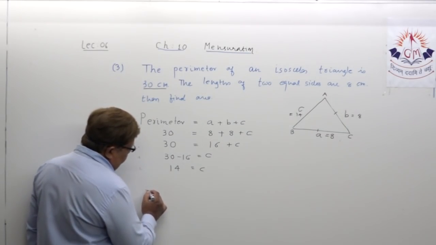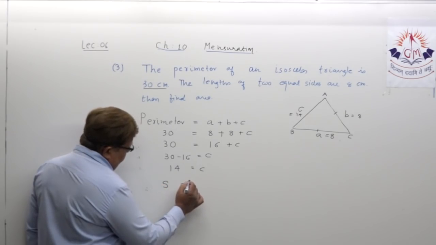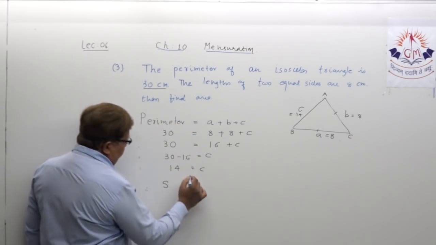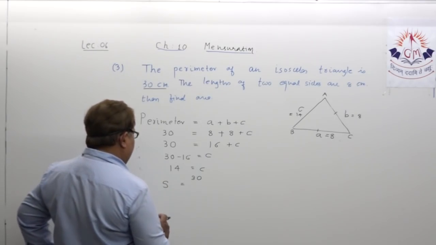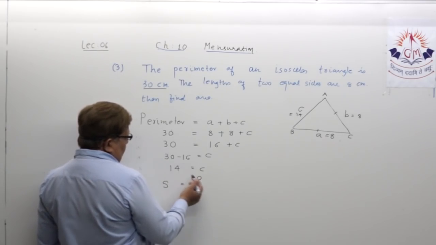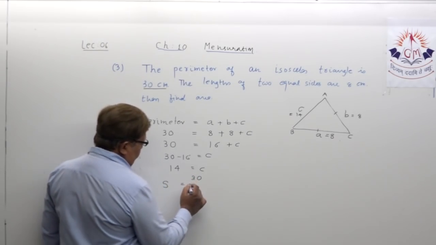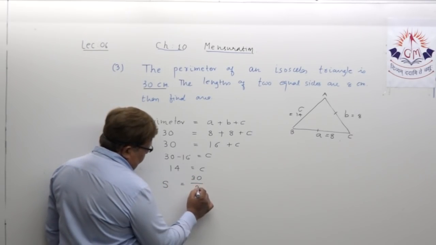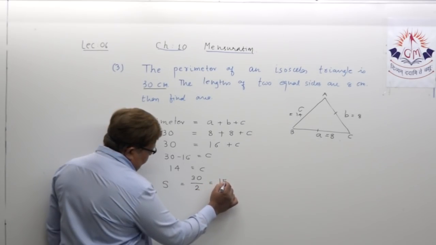So just make the half of it. So semi-perimeter equal to, what is the perimeter given? 30. Understood? So 30 upon 2 directly you can take as 15.